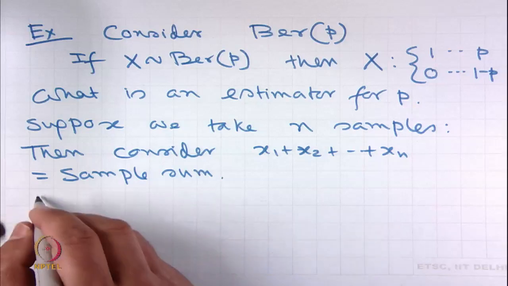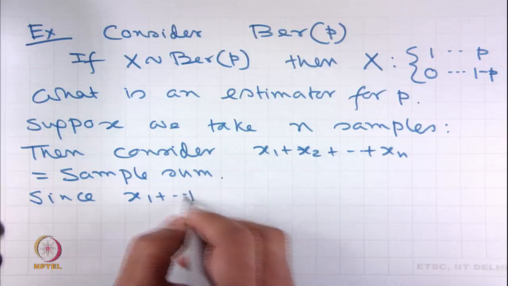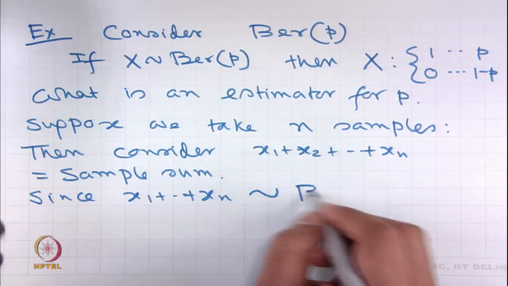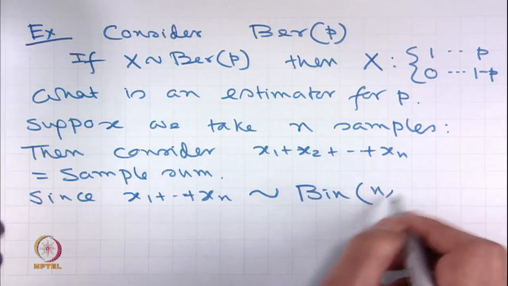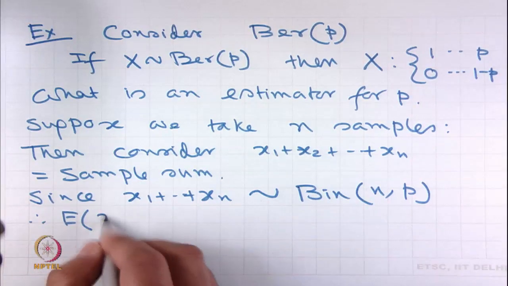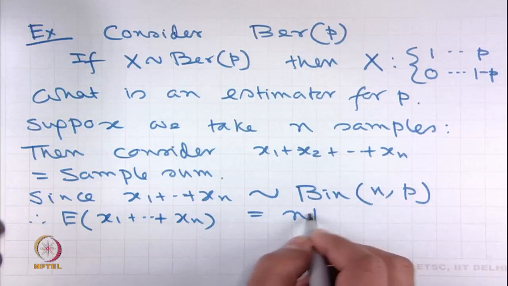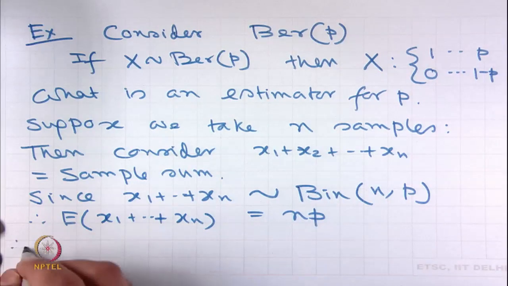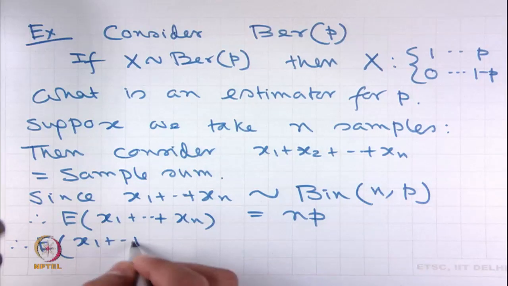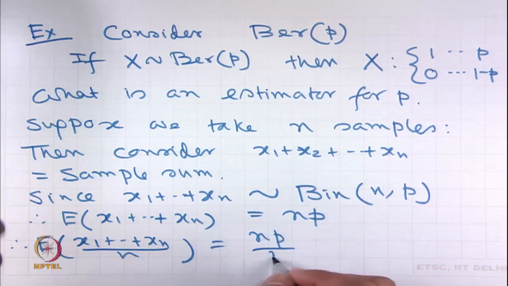We know that x1 plus x2 plus up to xn is distributed as binomial with n comma p. Therefore, expected value of x1 plus up to xn is equal to n p. Therefore, expected value of x1 plus x2 plus up to xn by n is equal to n p by n, which is equal to p.